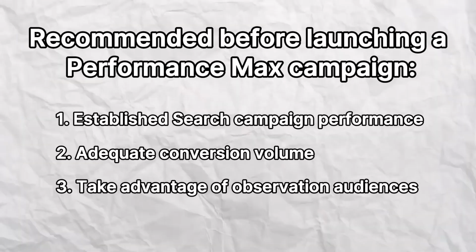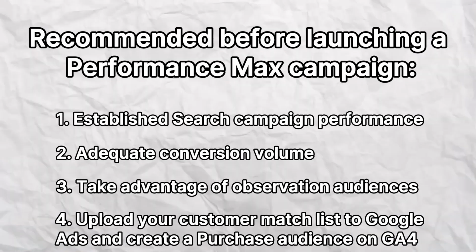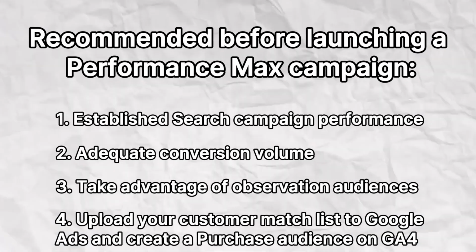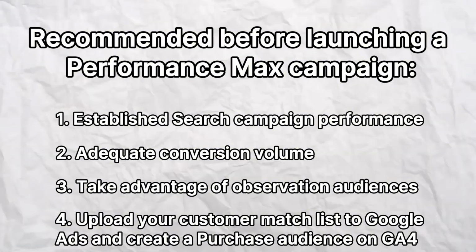This important step will help you find converting audiences, which you can later leverage when configuring your Performance Max campaign audience signals. Number four, upload your customer match list to Google Ads and create a purchase audience on GA4 as well, so that you can add them as signals to your Performance Max campaign as well.